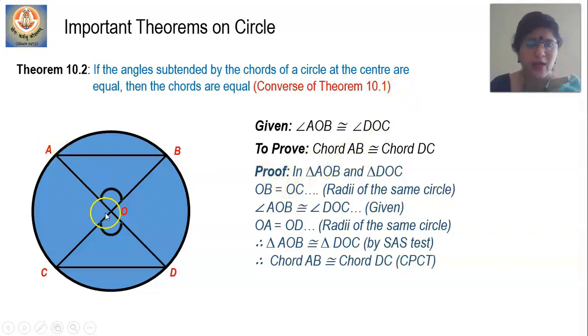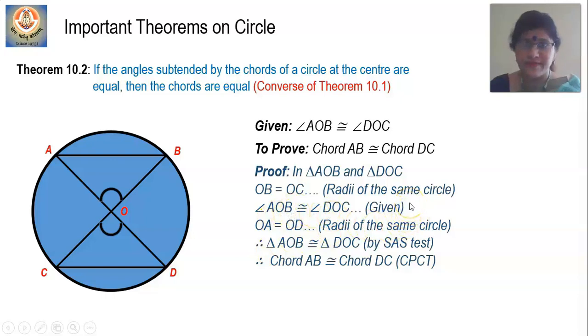In triangle AOB and triangle DOC, OB and OC are equal to each other because they are the radii of the same circle. So you have to write the reason next to that. According to the statement, we know that angle AOB and angle DOC both are congruent. So that is also mentioned here.